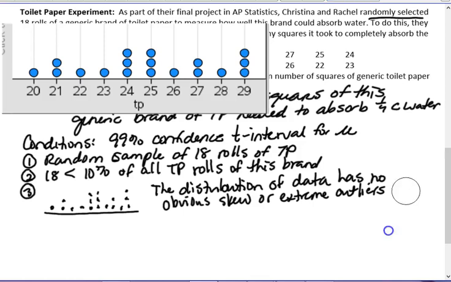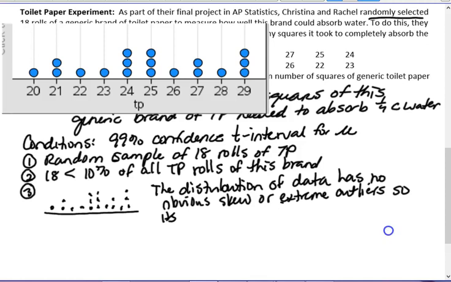So we can use a t-model. Basically what we're saying is it's plausible. Maybe I ought to go ahead and write that down.